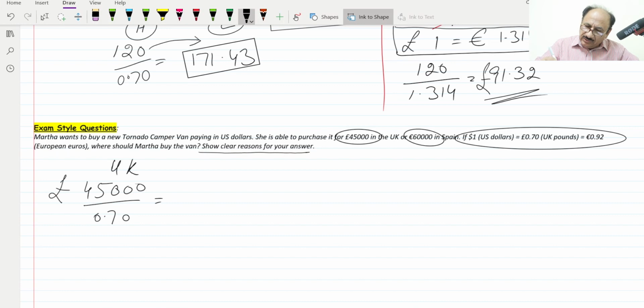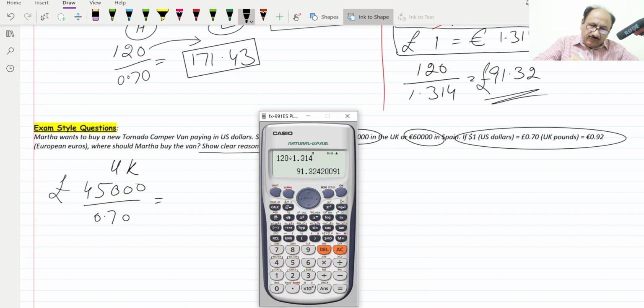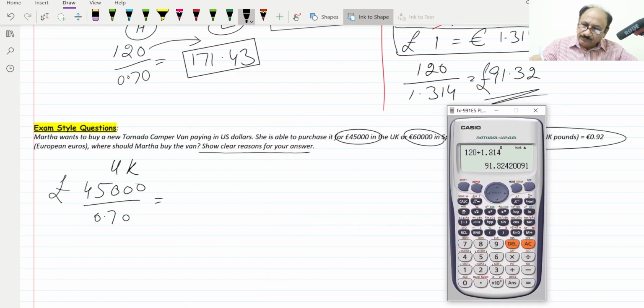If we divide 45,000 by 0.70, we will get 64,285.